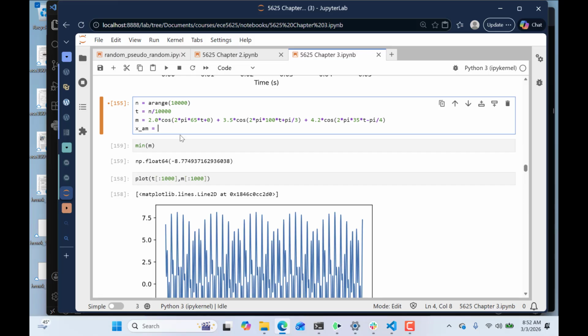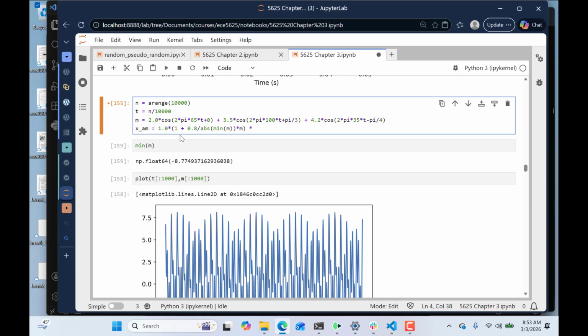So now I can put in an AC value of 1.0 times 1 plus 0.8, and I'm going to normalize by that min value of M. But it has to be the absolute value, so I'm just automatically going to normalize my message right here, and then I'm going to multiply that times the message.